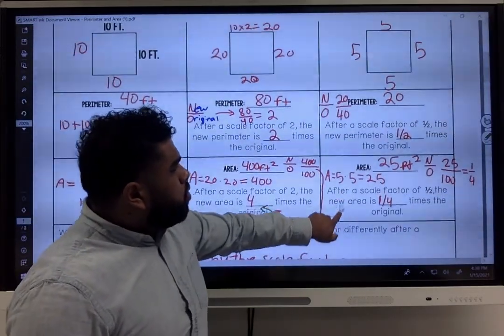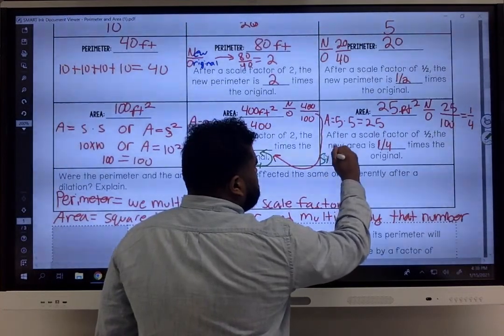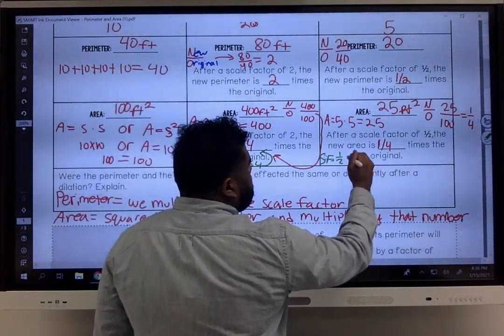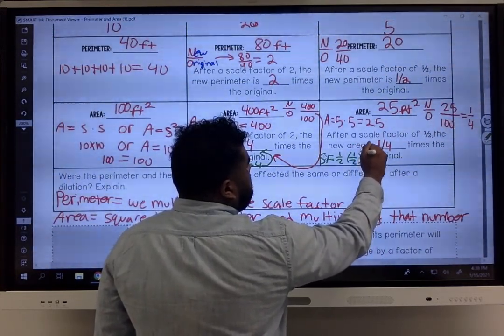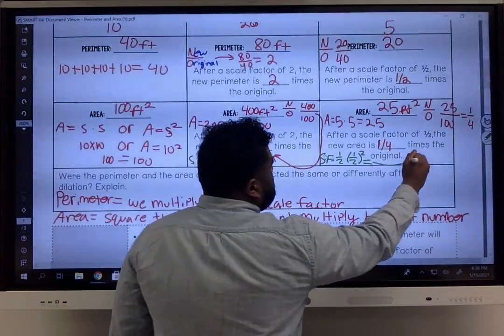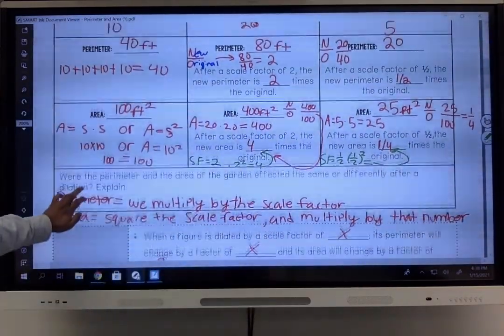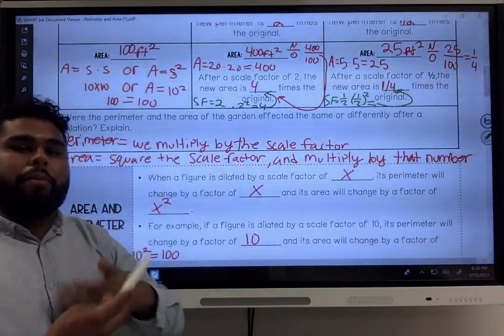Our scale factor was 1/2. When we square it, it equals 1/4. Okay? So, to find the area, you're going to square the scale factor and multiply by that number.